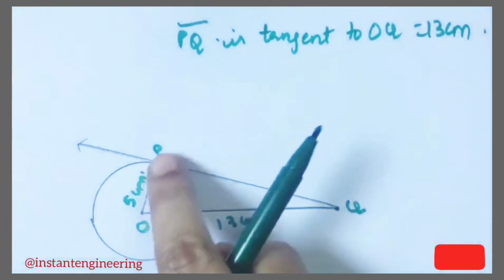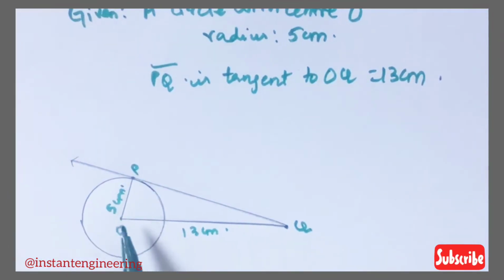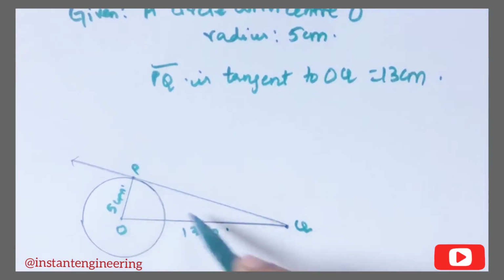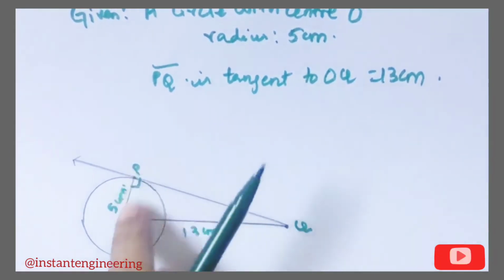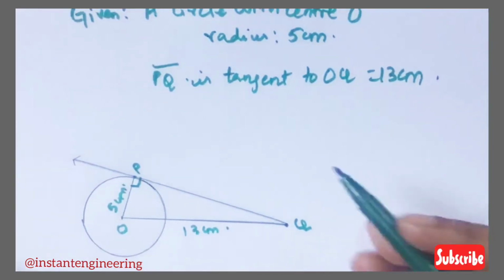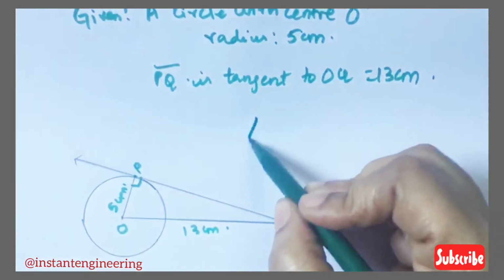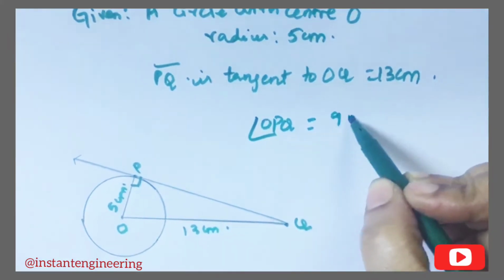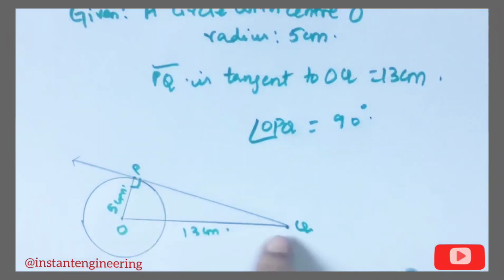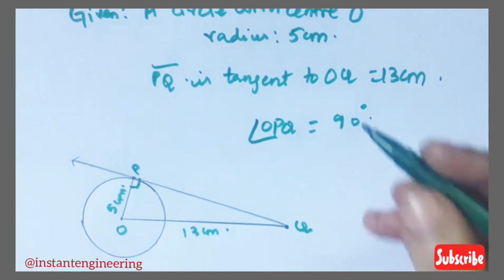If you see this triangle OPQ clearly, it is in the form of a right angle triangle. So you can also write that angle OPQ is 90 degrees. That means if it is a right angle triangle, you can apply the Pythagoras rule.